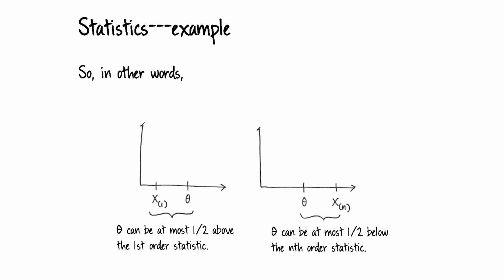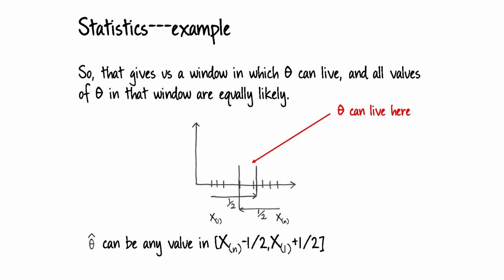Theta can be at most 1/2 below the nth order statistic. It can't be any further down, or we're going to start missing the observations at the top. And so that gives us a little region in which theta can live. And all the values of theta in that window are equally likely because the likelihood function is just equal to 1 in that region.